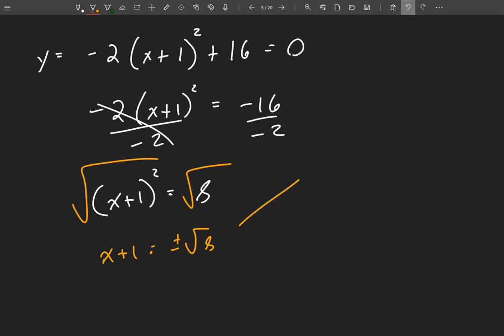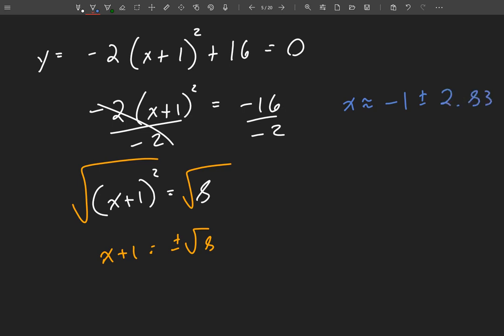Go ahead and, well, I'll approximate this over here. This is going to be x equals negative 1 plus or minus, oh, I said I was going to approximate it, didn't I? Well, let me do that. Negative 1. All right, so the square root of 8 is 2.83.